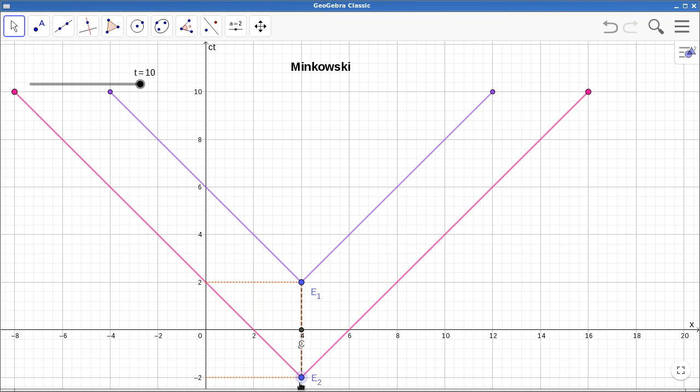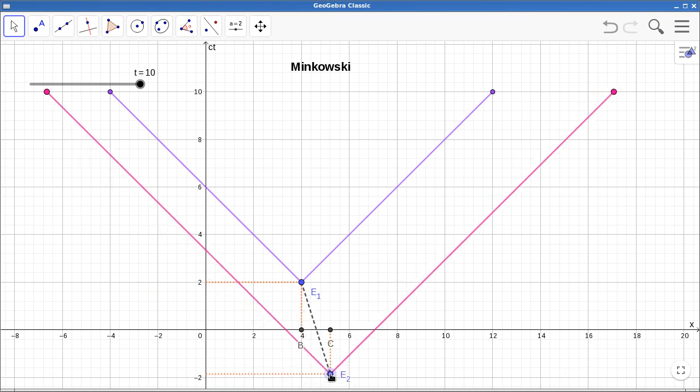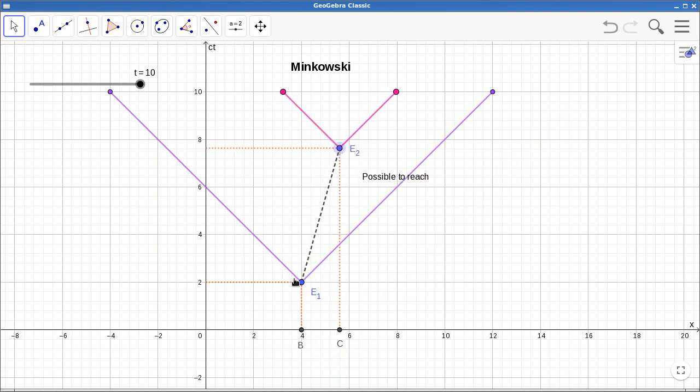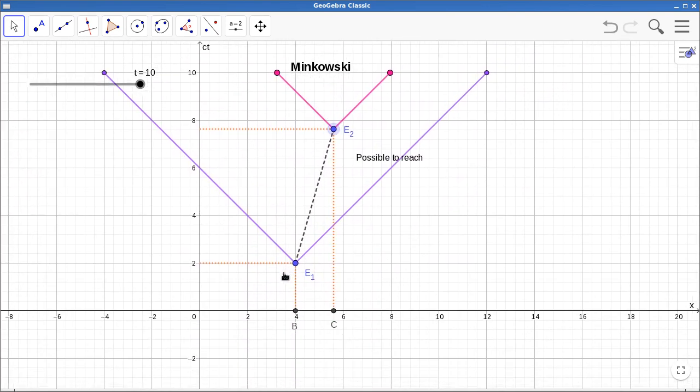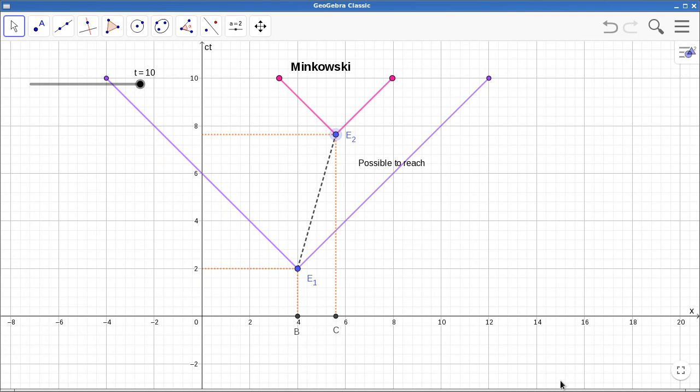If you see E2 in the opposite direction here, we call E2 the past of E1. And of course you can think of a backward light cone also. You can refer to the books for backward light cones. You just extend these light cones backwards, and we call it the backward light cone.